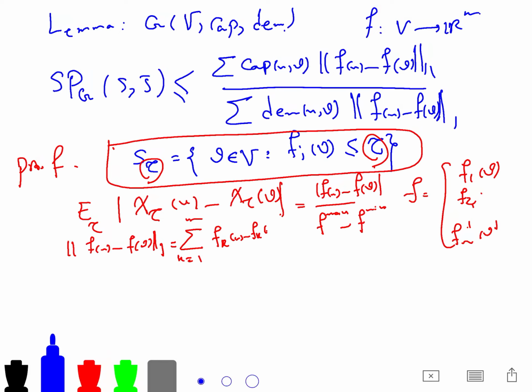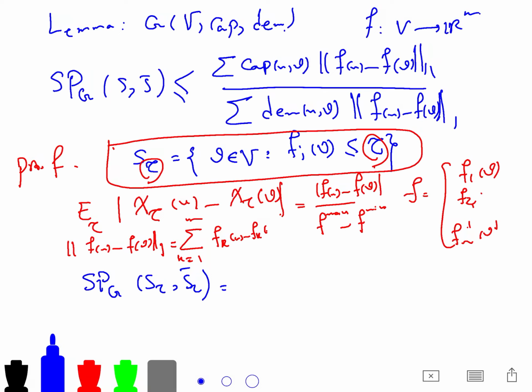So I was saying that the sparsity of S tau and S tau bar is just, so one thing, if the expectation of that is less than something, then you can find even less than the minimum of that.